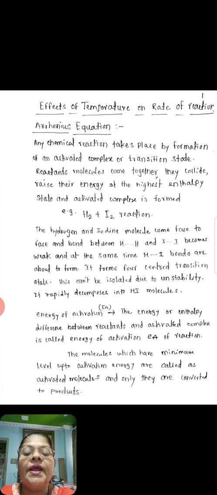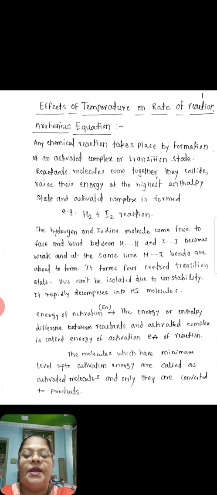The hydrogen and iodine molecules come face to face, and the H-H bond and I-I bond become weak, and at the same time H-I bonds begin to form. It forms a four-center transition state. This cannot be isolated due to instability, so it rapidly decomposes into HI molecules.